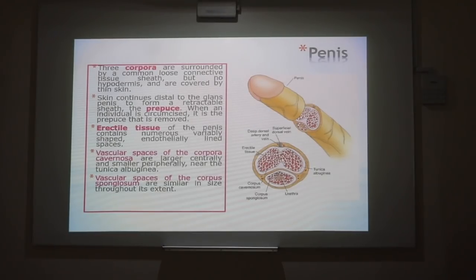So if you do not have the parasympathetic innervation to these smooth muscles, then even if you give Viagra, it is not going to help, because Viagra is going to increase the cyclic GMP levels because it is going to induce the nitrous oxide. The nitrous oxide is going to induce the cyclic GMP, which results in the relaxation of the smooth muscles and increase of the blood which is coming into the vascular spaces.